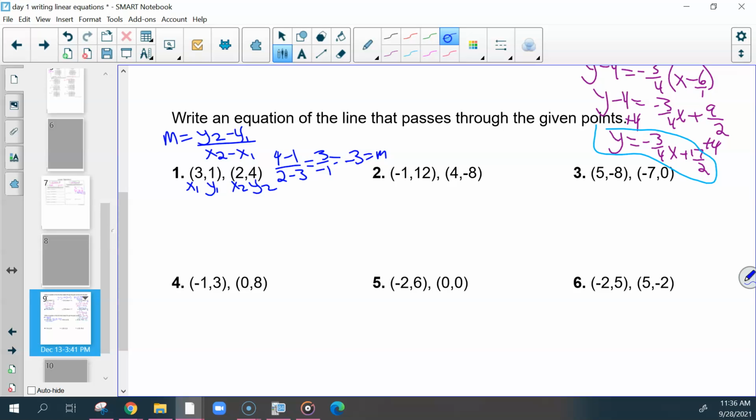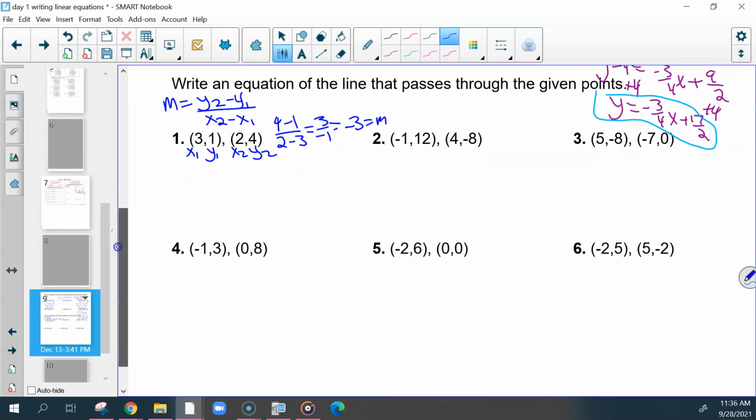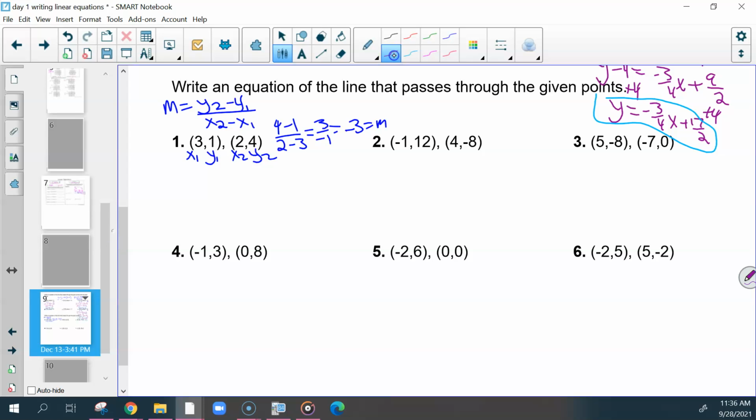Once you find that slope, you then have choices of which point you can choose to use. I'm going to show you that both work. You will not need to do both. You will just have to pick one and do it.